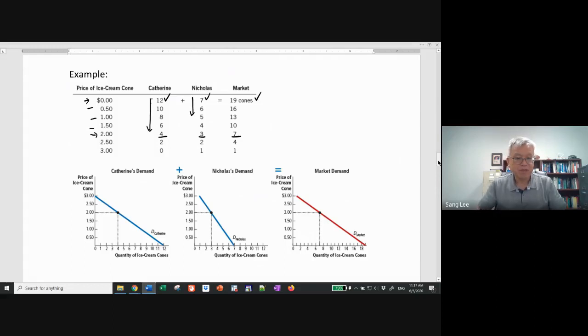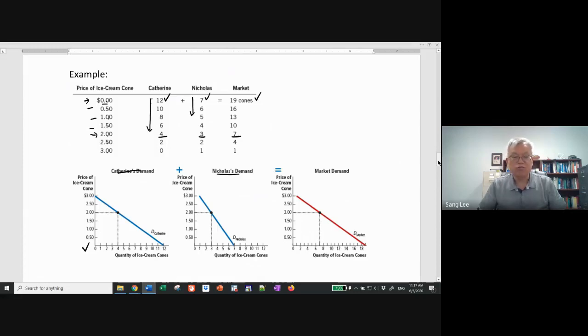So the first graph shows Catherine's demand. You just plot the prices 1, 2, 3, 4, 5, 6, or 7, and then the corresponding quantities demanded. So you just plot 7 pairs here. So you will have Catherine's demand like this.